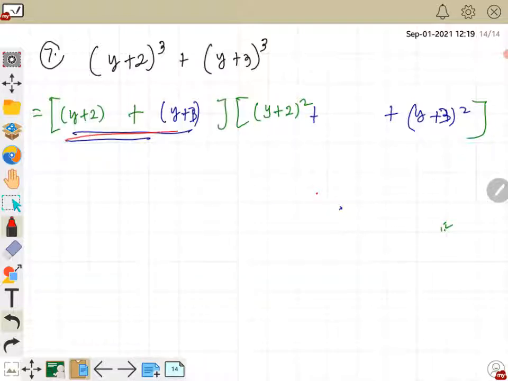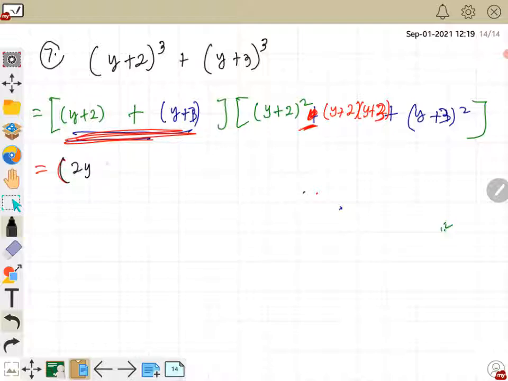So multiply this together, you'll have just your middle term, and this becomes minus, so that's y plus 2 times y plus 3, sorry. Then we need to simply combine y and y, that's 2y, 2 and 3, that's 5.